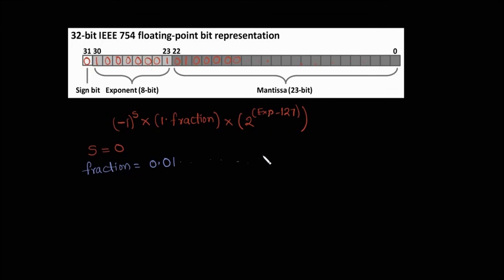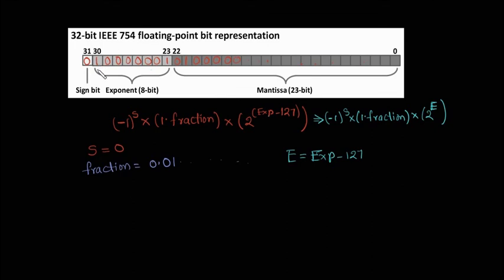That's all. Which means let us rewrite this as minus 1 power s into 1 point fraction into 2 power e. What is the value of e? The value of e is nothing but exponent minus 127. That's it. E equals exponent minus 127.